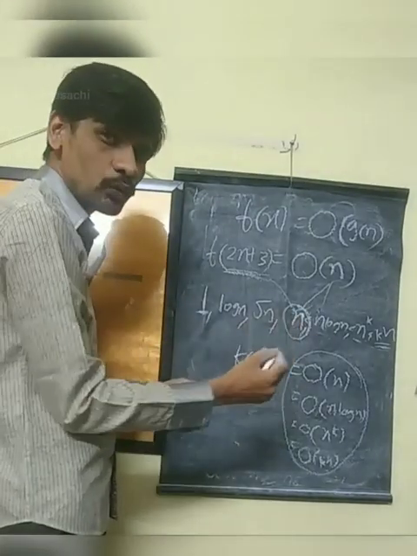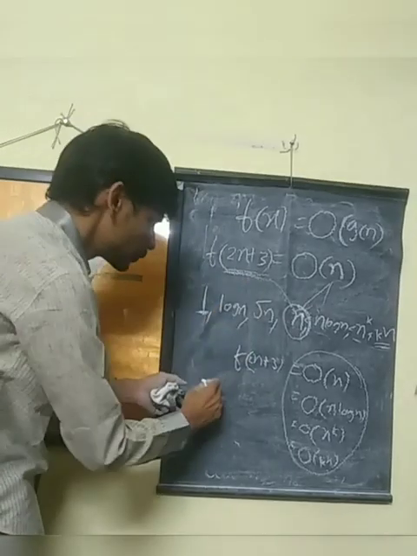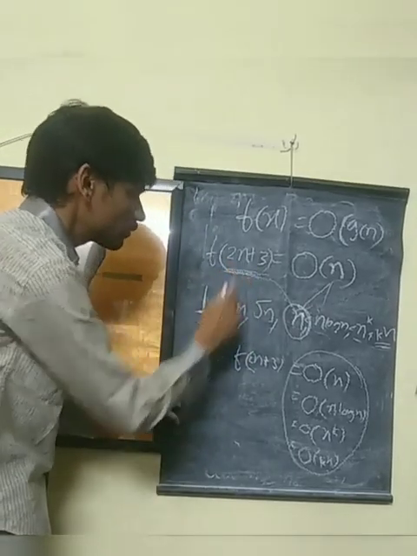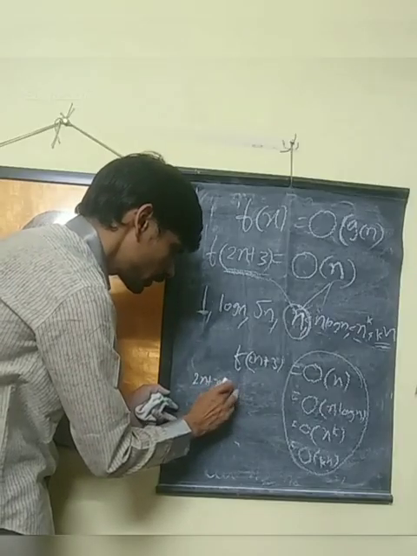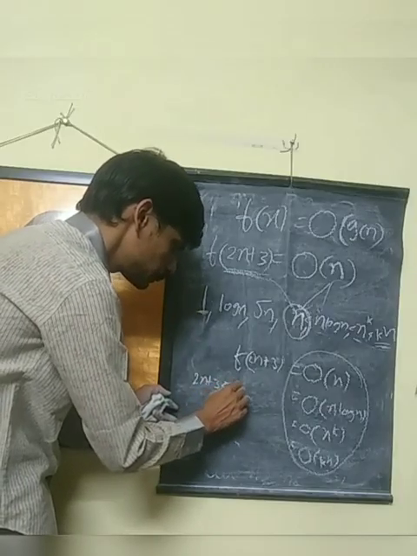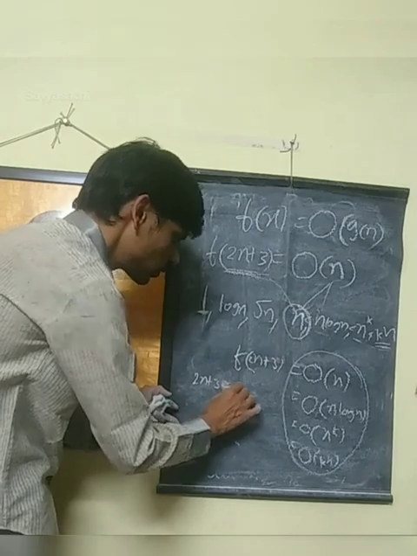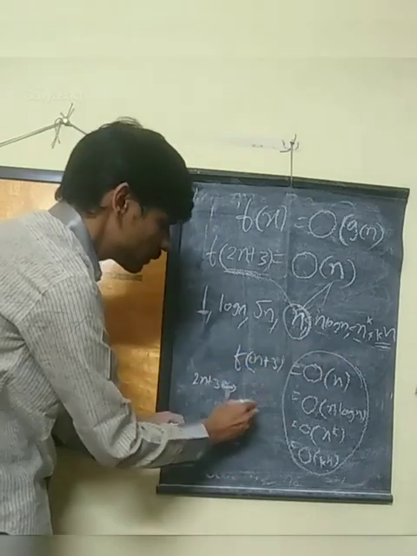Let's try one simple example. What is my f of x? 2n plus 3. So 2n plus 3 is always lesser than or equal to g of n.